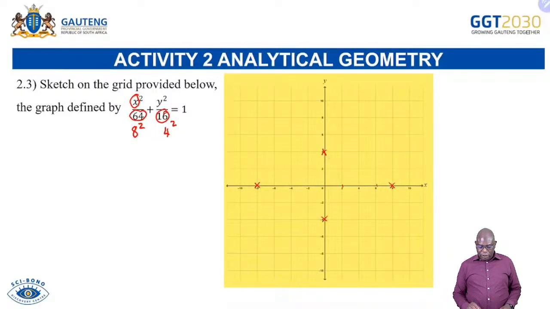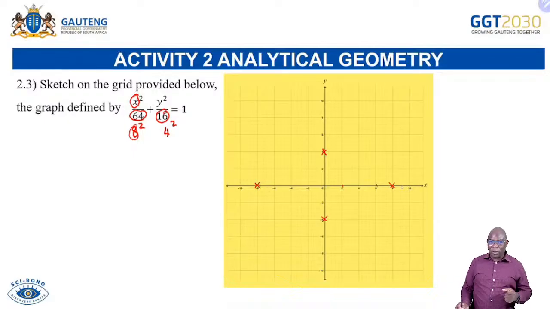So in other words, on the y, I'm putting a 4. On the x, I'm putting an 8 because of this. And we know most of the time, the mistakes made by you guys is to take that 64 and try to put 64 on the x-axis. It cannot be 64 because it was squared and it's x squared. So the square root of 64 is 8. So that's what we put on the left and on the right.